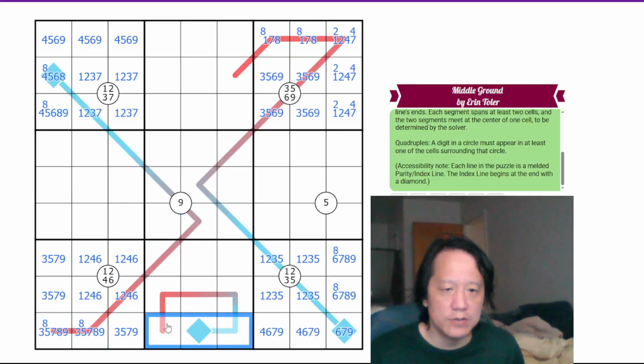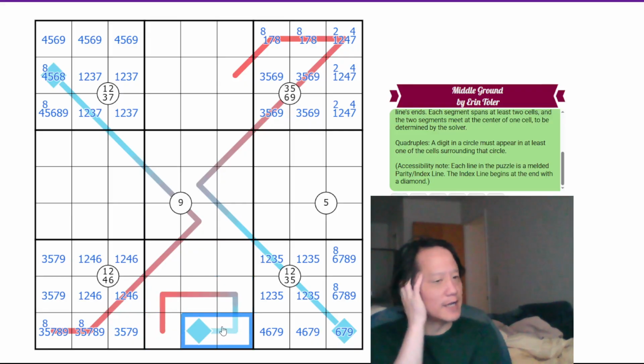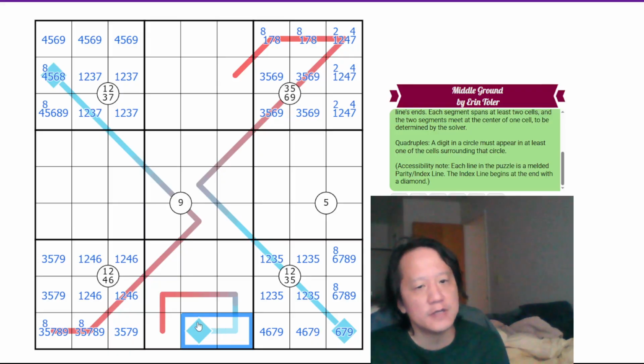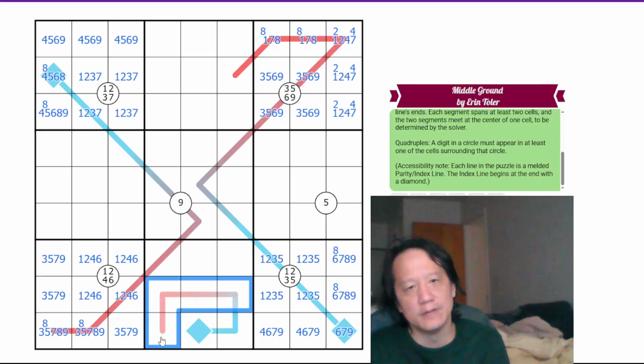We know where is 1 and 2 in this cage. So each index line has to have a 1 and a 2 as part of it, and they cannot, they have to be on the index portion of this.